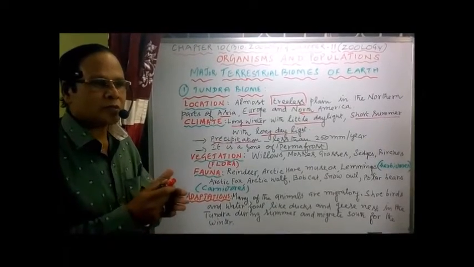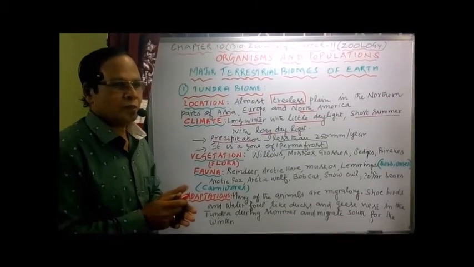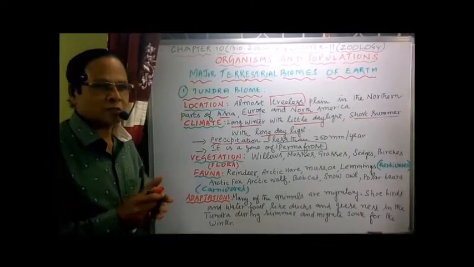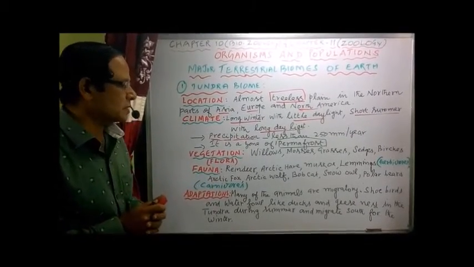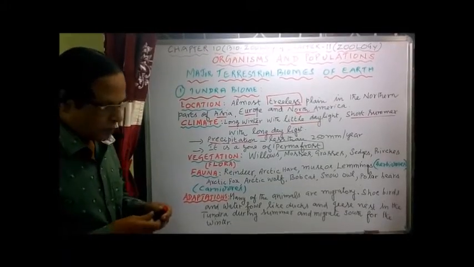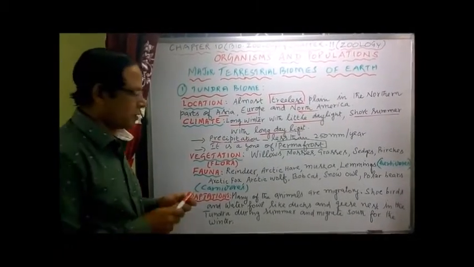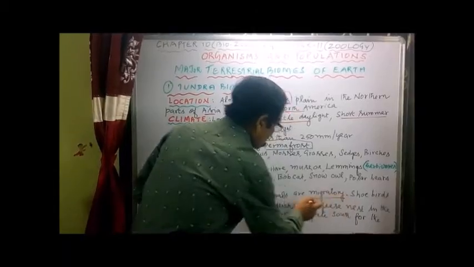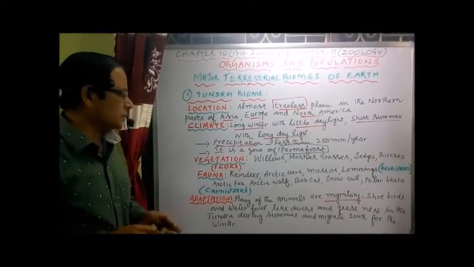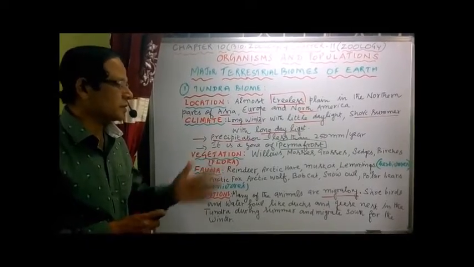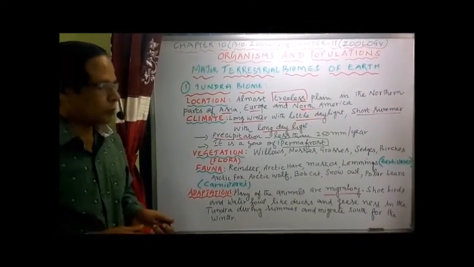To overcome the extreme winter, the animals have developed certain adaptations. One of the adaptations developed in the case of such animals is nothing but migration. They are moving away from the tundra region during extreme winter. So what is the adaptation? Many of the animals are migrating. What are the examples we have?